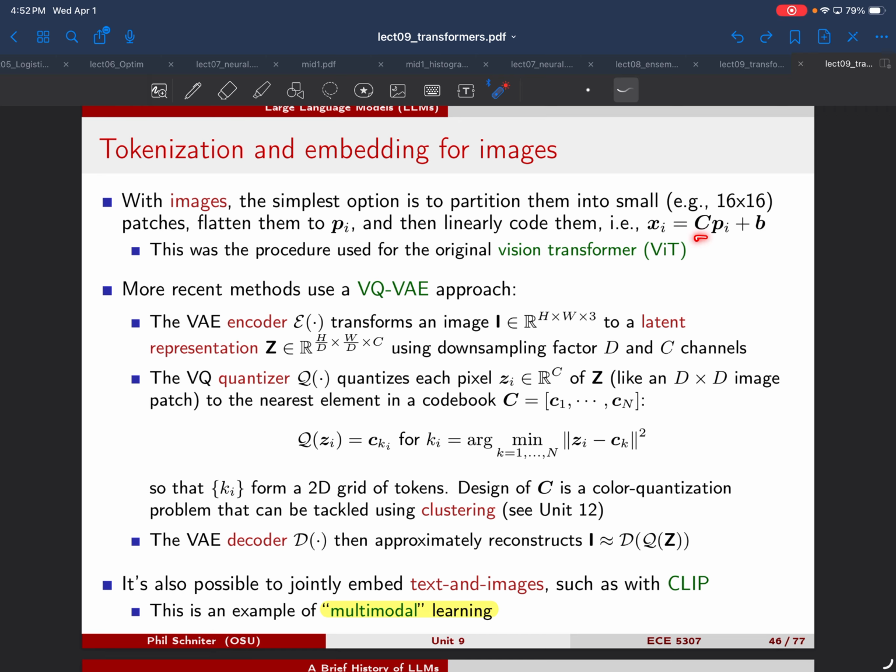So you do some matrix multiplication, and you add a shift, where C and B can be learned parameters. So now every 16 by 16 patch gets mapped to an embedding of a size that you control. C could be a wide matrix, in which case the embedding could have less than 256 components, or C could be tall, in which case the embedding actually has a larger dimension than the number of pixels in the patch. That's a design choice.